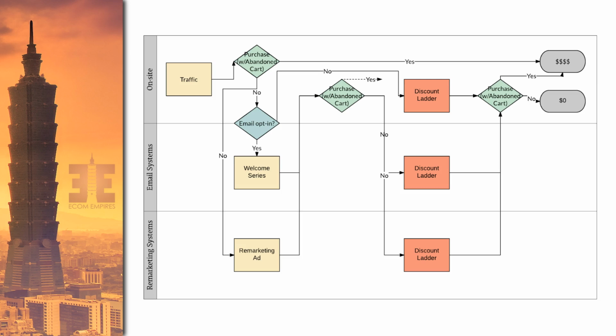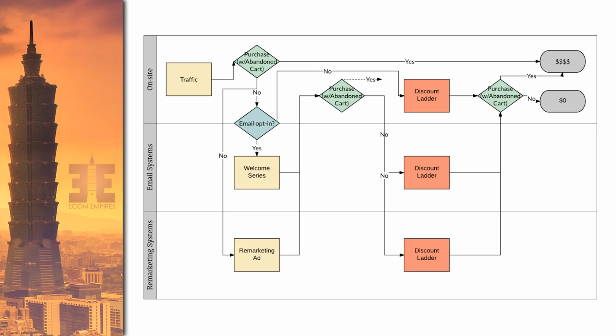That's a different level of email than the welcome series, because at the welcome series, they may not have even gone through to the cart, right? They may have been on the home page or the product page, and they opted in for an email because they had a pop-up and it looked cool. But if they've gone through to the cart page and now you're sending them abandoned cart emails, these are much more specific. These have a much higher intent because they showed interest in that product.